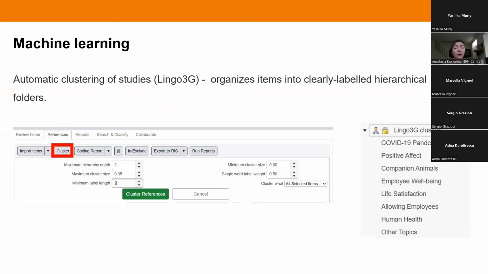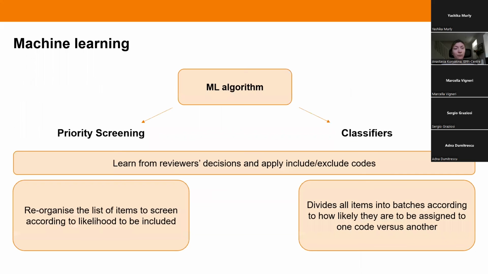So if you are conducting any work with keywording, that's probably going to be of great help for you. And priority screening and classifiers are the other machine learning functionalities that we have that allow you to organize the screening process in an easier way, probably.